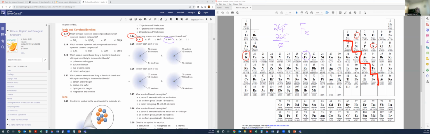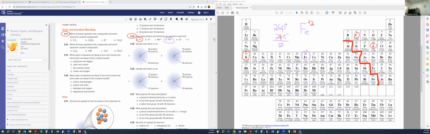The only way iron can become a +2 charge is if we change the number of electrons. I have to change the number of electrons such that I have a net +2 charge.